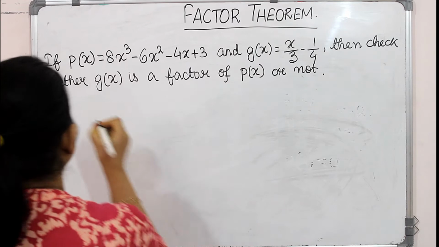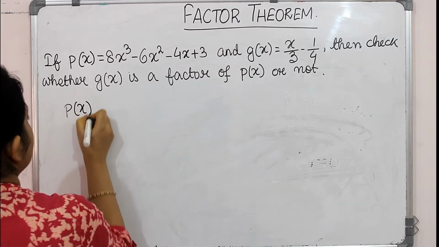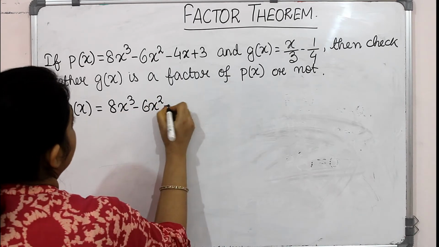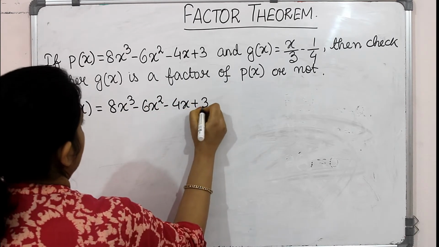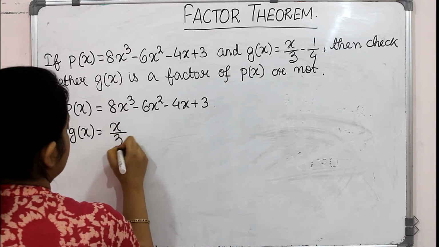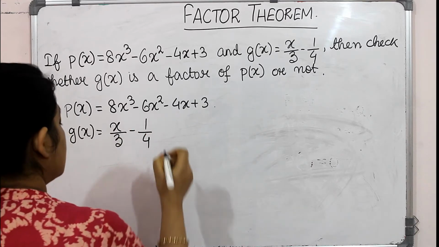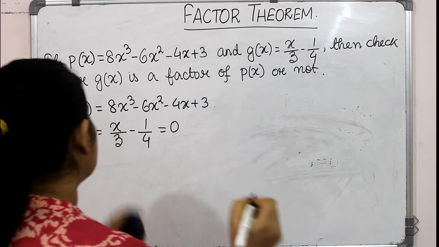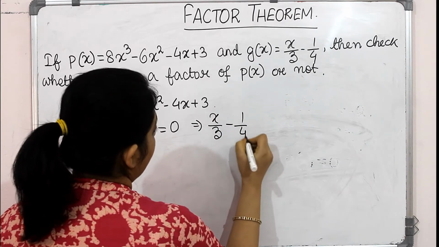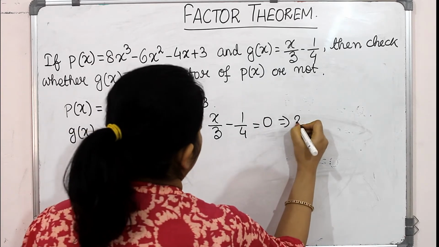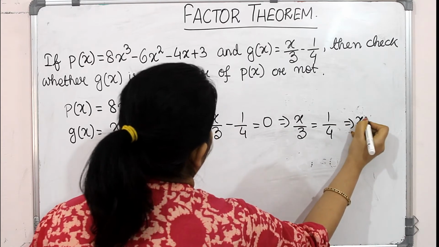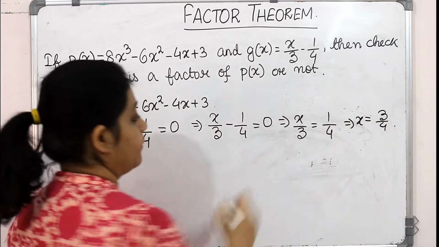So p(x) is given as 8x cube minus 6x squared minus 4x plus 3, and g(x) is given as x by 3 minus 1 by 4. If you equate it to 0, x by 3 minus 1 by 4 equals 0, so x by 3 equals 1 by 4, so you will get x equal to 3 by 4.